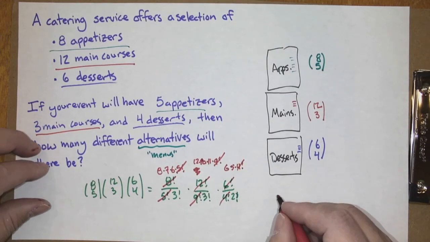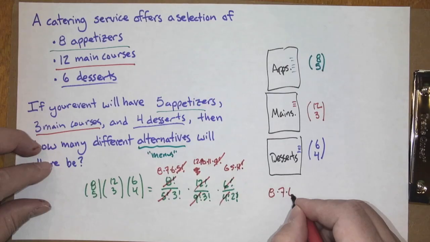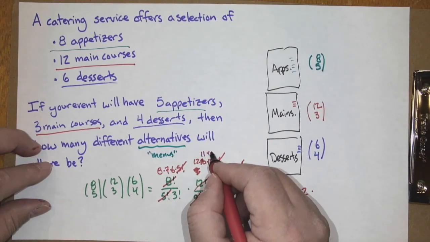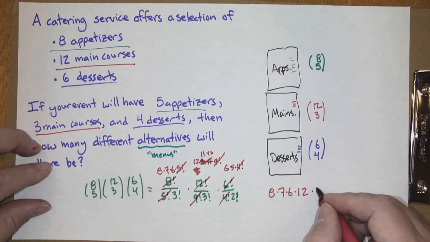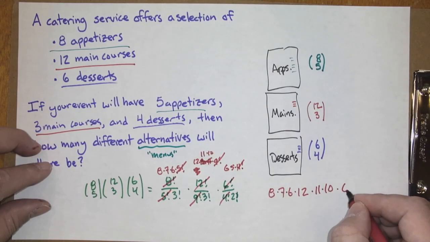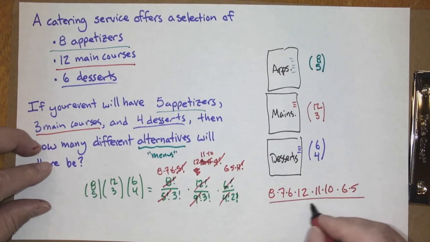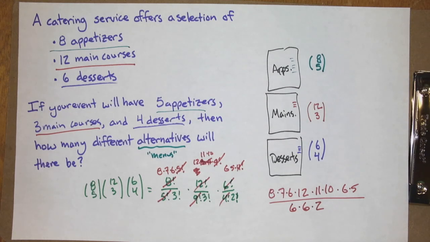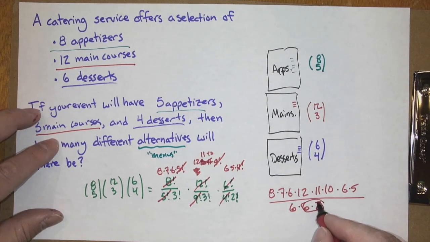That leaves us upstairs with 8 times 7 times 6 times 12. Why did I do 11 times 10? That's so weird. Sometimes my brain doesn't work right. Okay, downstairs we have 3 factorial, which is 6. Another 3 factorial, which is 6. And a 2 factorial, which is 2. And, well, 6 times 2 is 12.